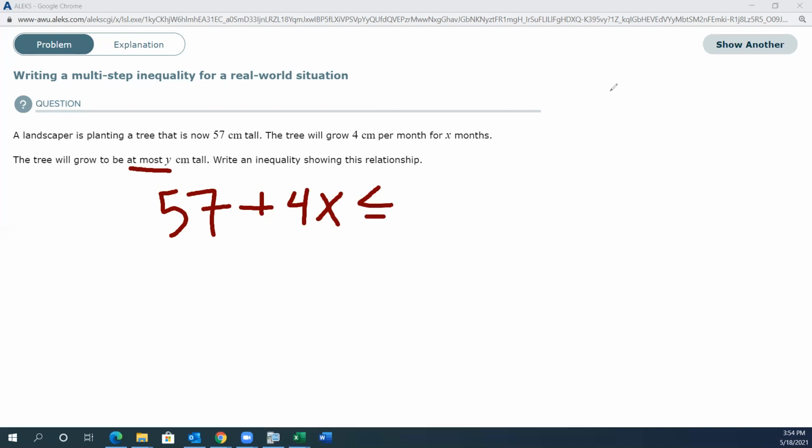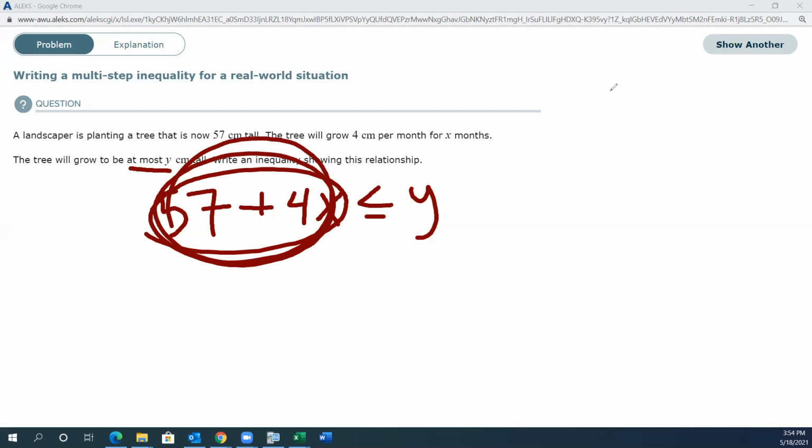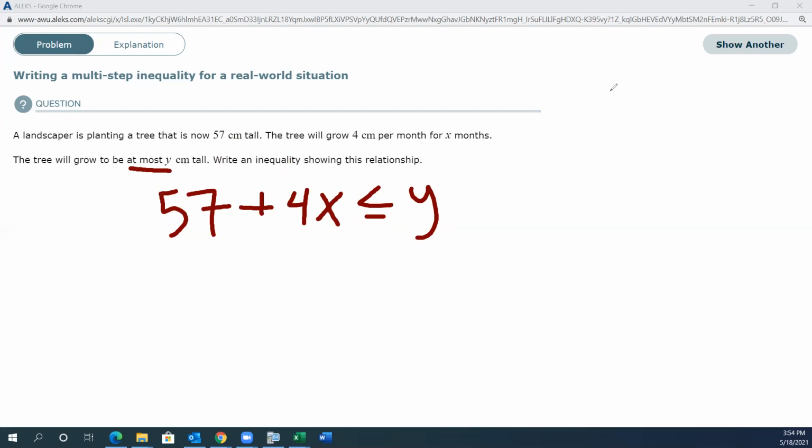So less than or equal to whatever that ultimate height is. Y is the biggest height it's going to be. And so however much it grows is going to be no more than that maximum height. So that is how it goes. And so, yeah, you just practice doing these. They're really good practice. Help you with word problems.